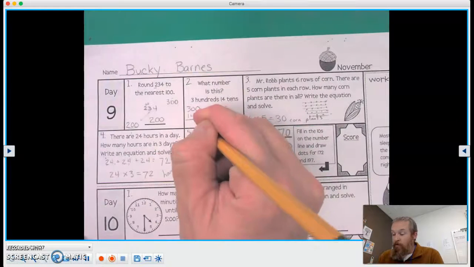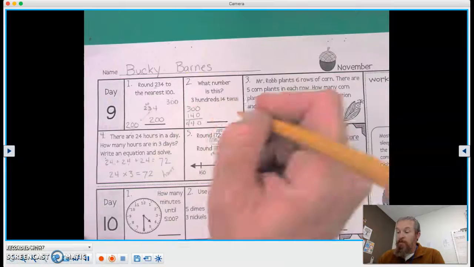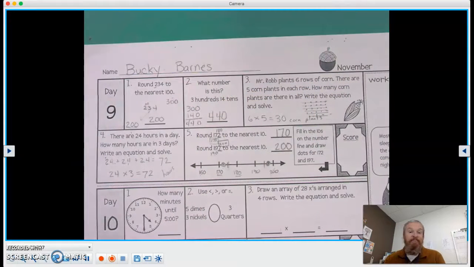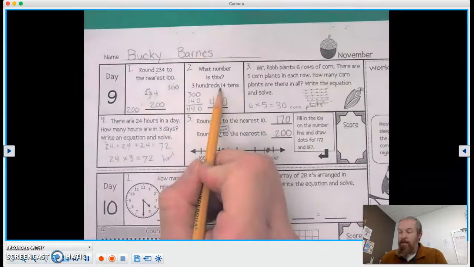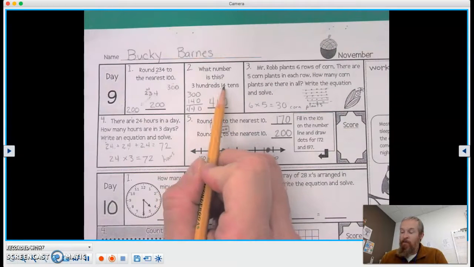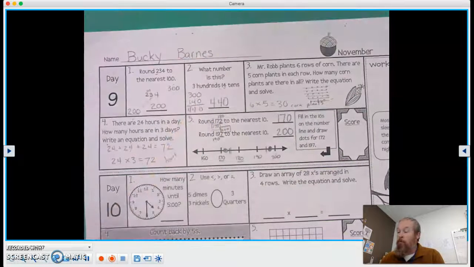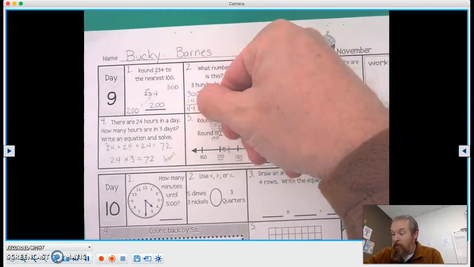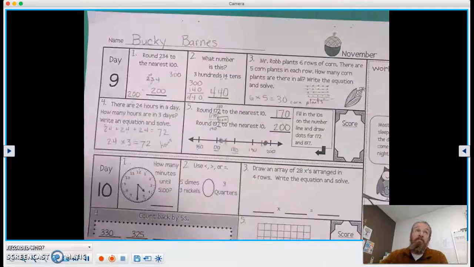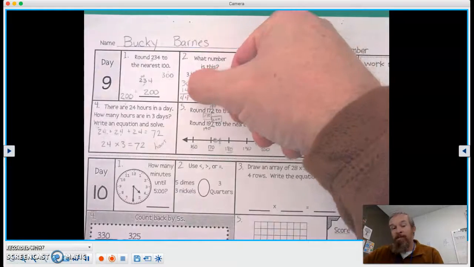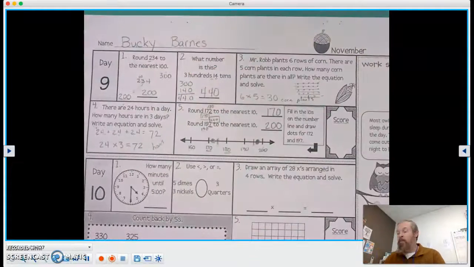So our number is actually 440. Did you catch that? Oh, that was tricky. So the 1 in the tens place and the 4 in the tens, 14, that's like 140. Remember before we covered it up and went, that's 14 tens. Actually, it was 100 and 120. How many tens are in each number? Well, how many tens are in 140? 14, right? Nice job. Way to catch it.